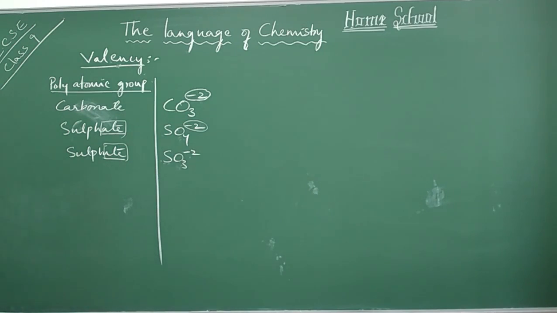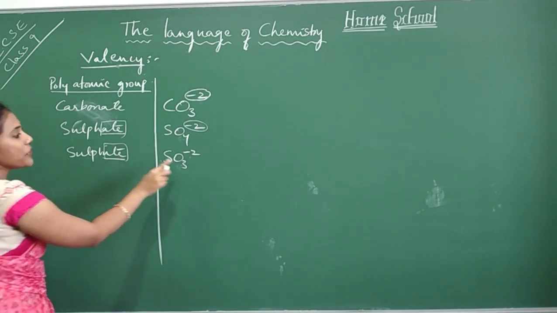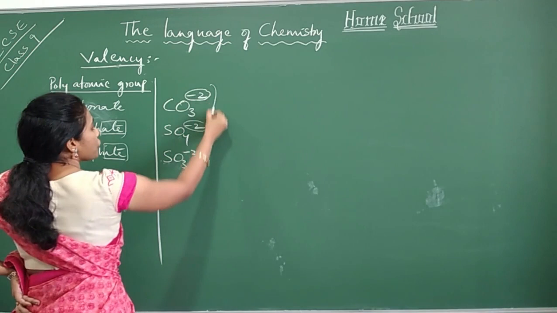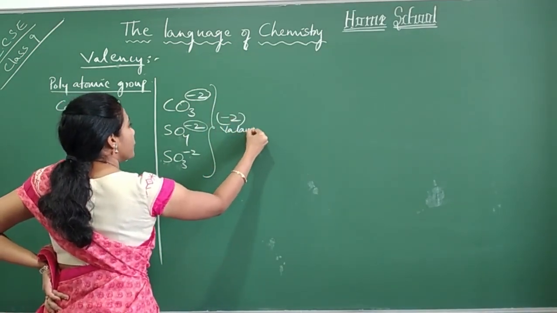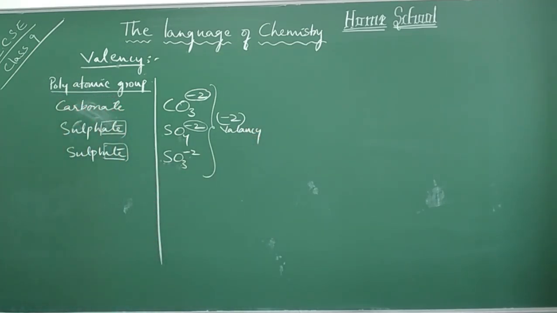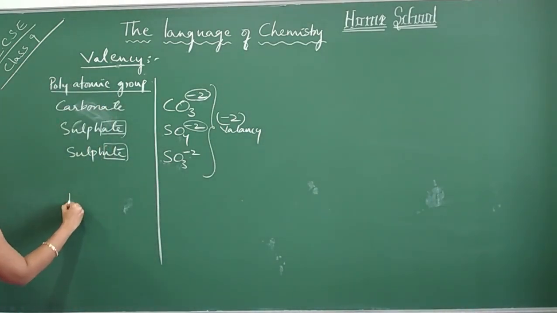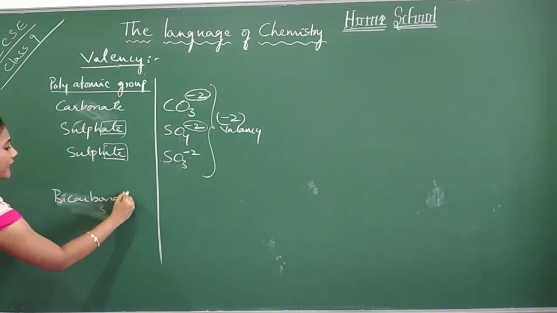So these are some important polyatomic groups which show minus 2 valency. Coming to the polyatomic groups which will show minus 1 valency: HCO3, its name is bicarbonate.